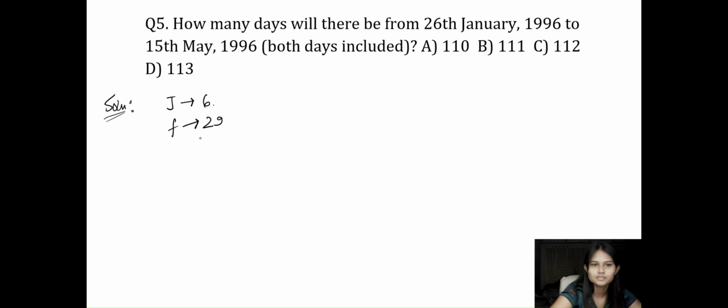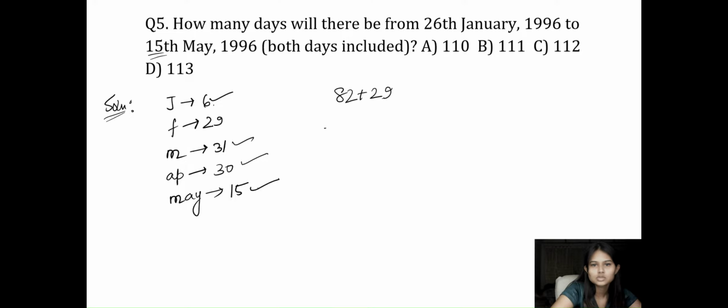May, I will not take all the days, only 15th May. So 15. If I add them up, what will I get? I get 82 plus 29, that is 111. So this is the number of days between these two dates. So it is important to remember how many days are there in any month, alright?